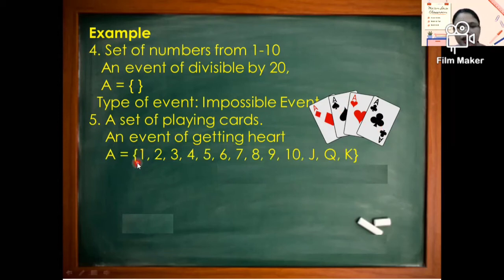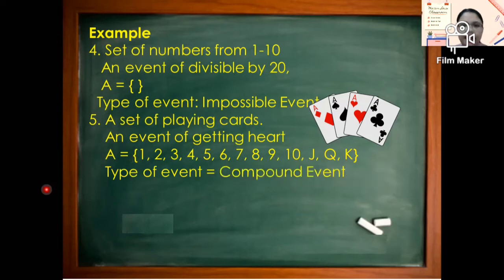So, yung 1 na heart, 2 na hearts, and so on hanggang sa king of hearts, yan po lahat yung set of getting heart. Okay po, from 1, 2, 3, 4, 5, 6, 7, 8, 9, 10, jack of hearts, queen of hearts, and king of hearts. Okay? What type of event is this? So this one is a compound event. Kasi po, ang dami niyang element inside the set.